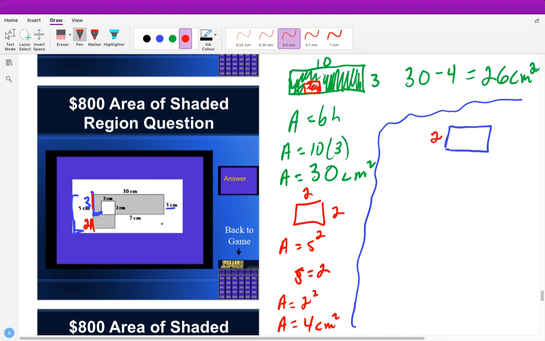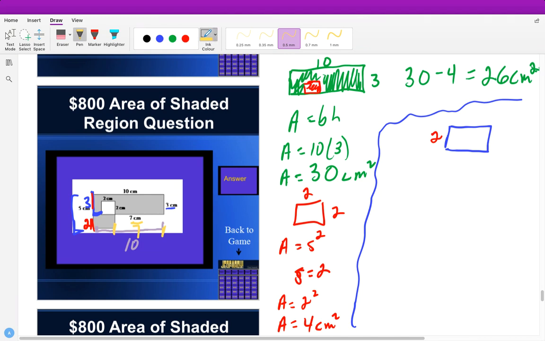And then if this entire piece from here, let me use a different color. Let's do purple. From here all the way over to here is equal to 10. Can we see that? Yes, we can. And I know that from here to here is 7, as it tells me, then what is this missing piece?